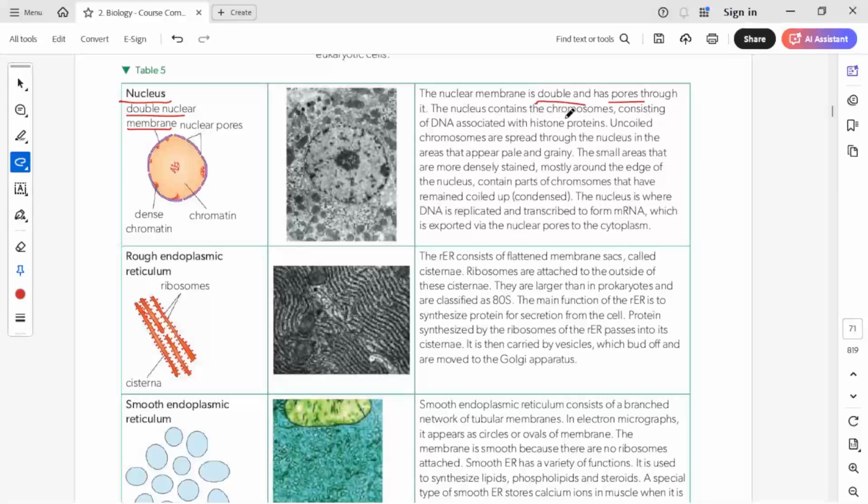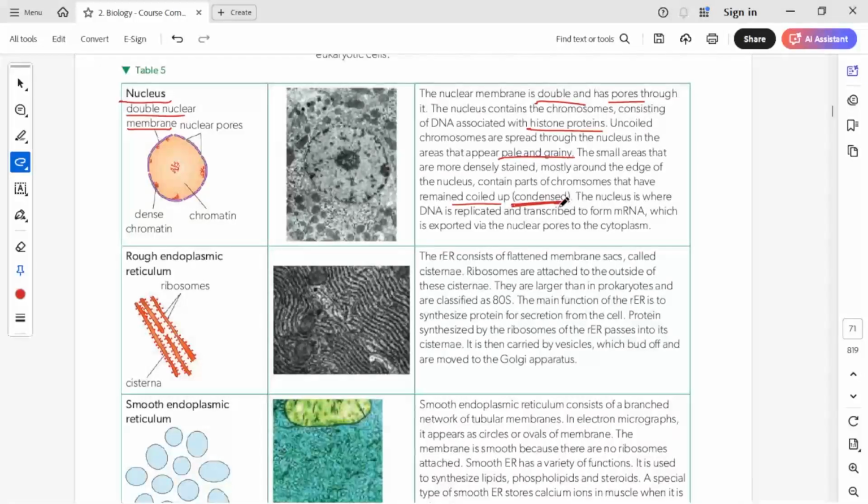The nucleus contains chromosomes containing DNA associated with histone proteins in eukaryotes. Uncoiled chromosomes are spread through the nucleus in areas that appear pale and grainy. The small areas that are more densely stained, mostly around the edge of the nucleus, contain parts of chromosomes that have remained coiled up, condensed.